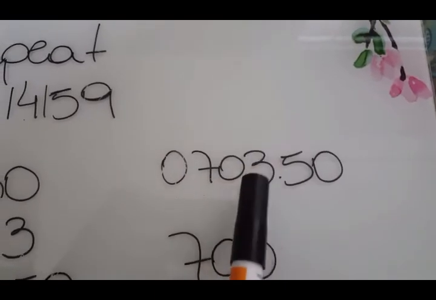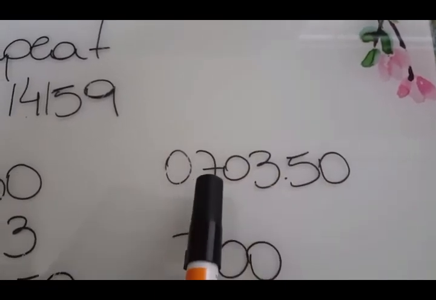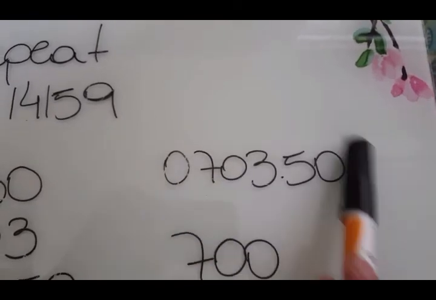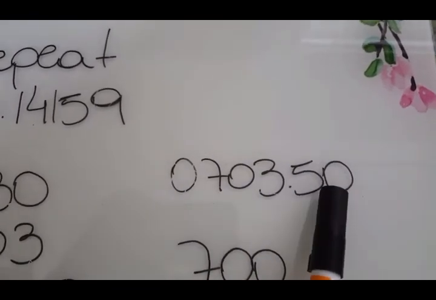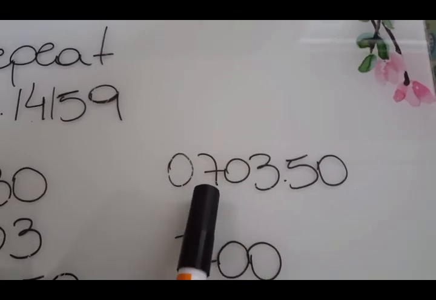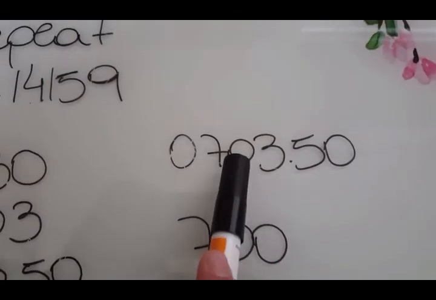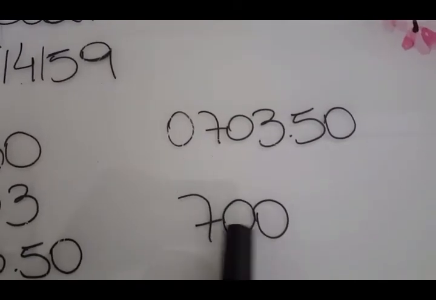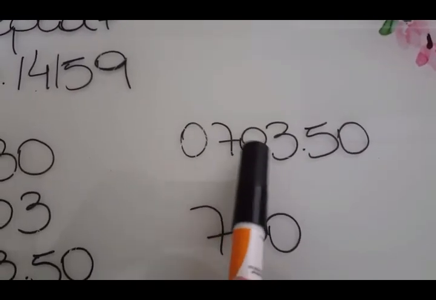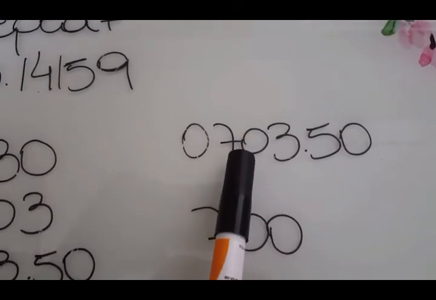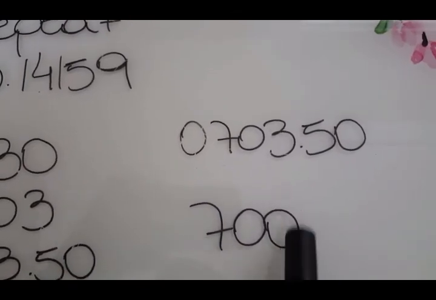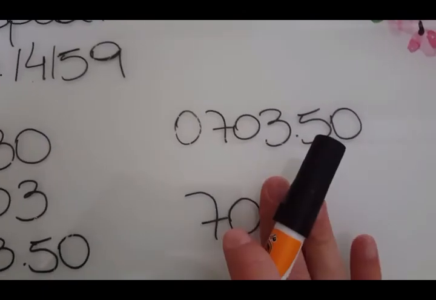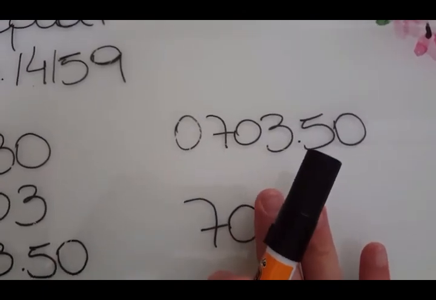I can't consider this 0. The first 2 significant numbers I have here are 7 and 0. So I'm going to round this number to the first 2 significant numbers. I'm going to repeat 7 and I'm going to repeat 0. These 2 are my significant numbers from the original number. I'll just add one more 0 because it doesn't make sense if I only left these 2.